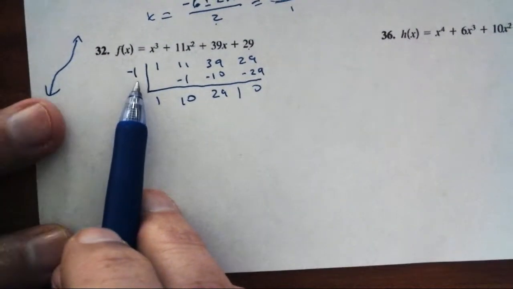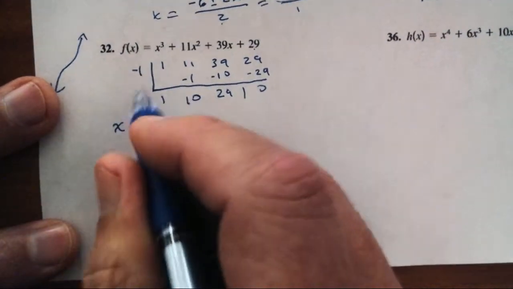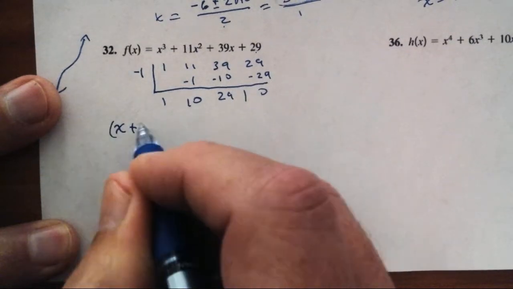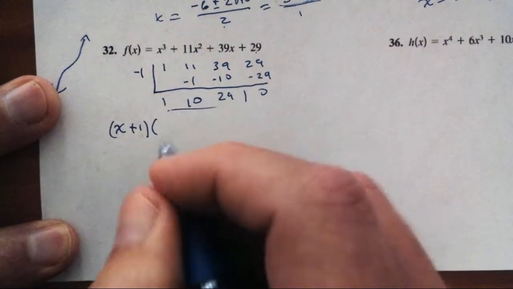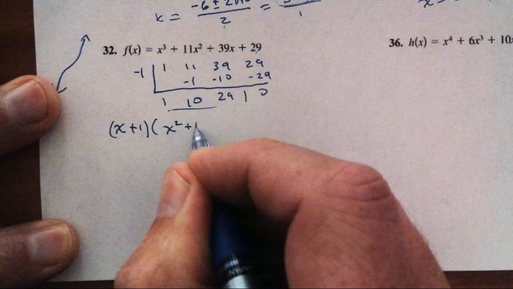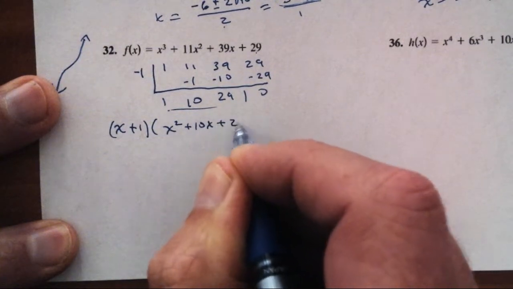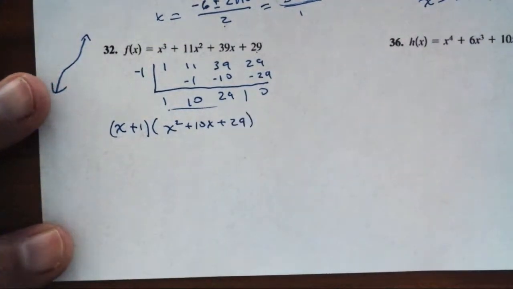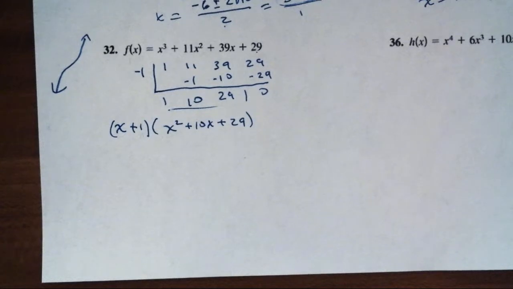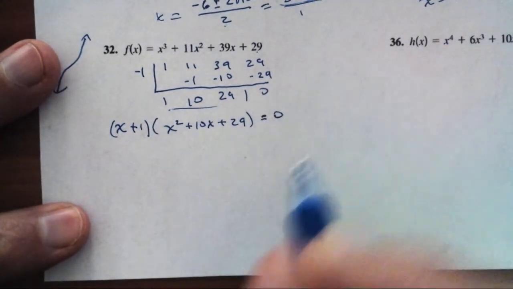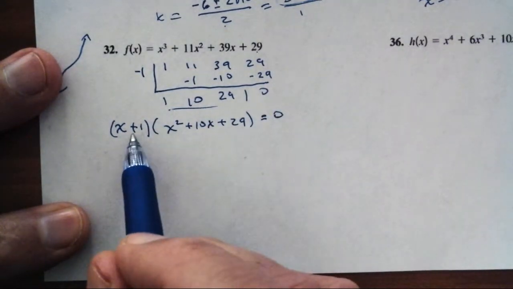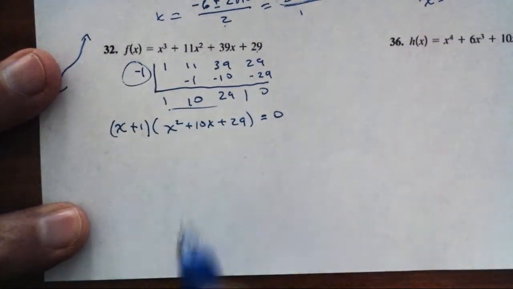So right now I would have this factored into x minus negative 1, x plus 1 is a factor, and the remaining factor is x squared plus 10x plus 29. I'm interested in where that would be 0, so obviously negative 1 is a 0.